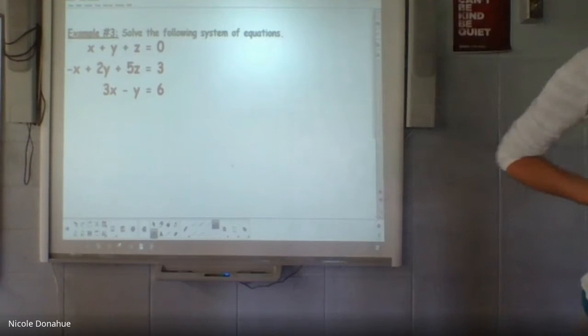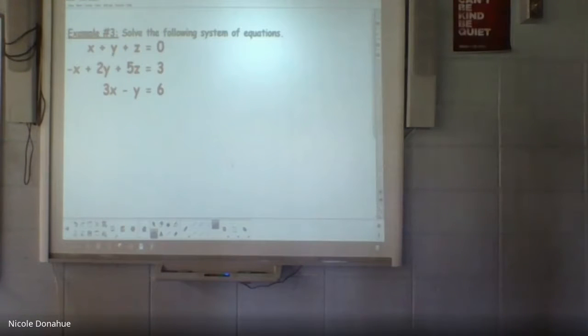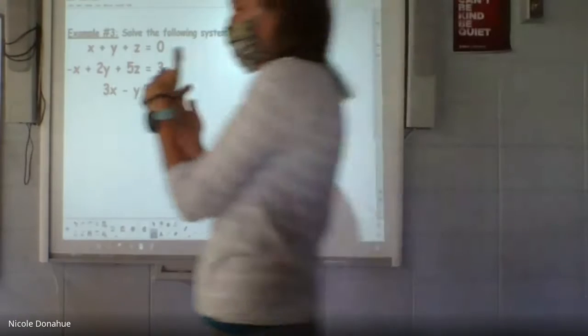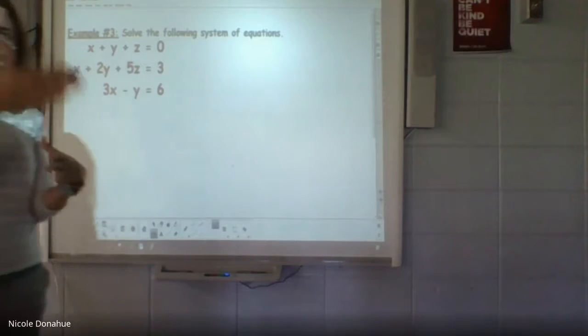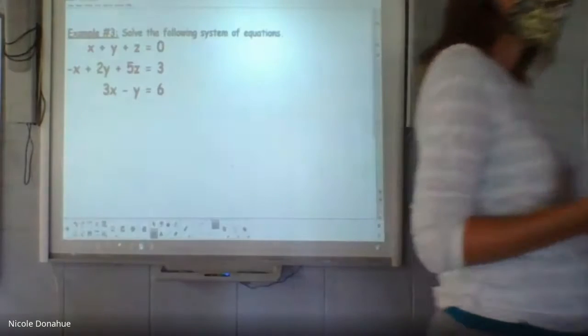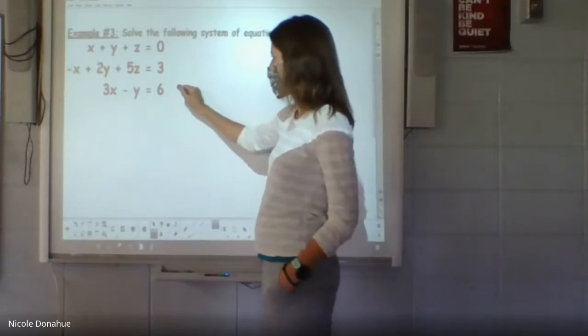Okay, so guys, this last one requires that you're specific about which equation you go after. You can't just say that one looks easy to cancel. You might say, I'd like to cancel the x's up here, but you're not really going to get to a spot that's very helpful. What I would do is look at the equation that only has 2 variables.